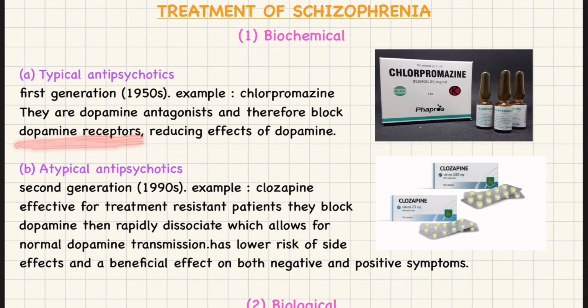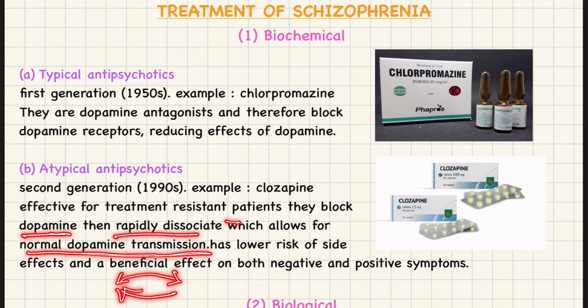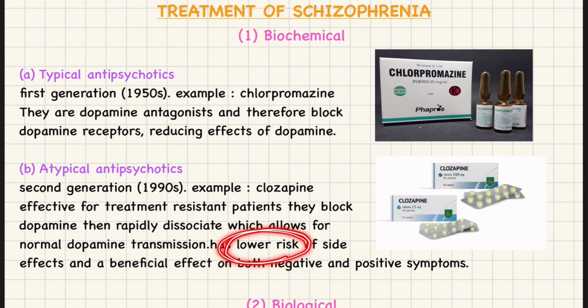Whereas in atypical antipsychotics, they block it and they rapidly dissociate, which allows for normal dopamine transmission. So the normal body function is still being carried out because it just blocks it temporarily so that the symptoms of schizophrenia are reduced. So it's temporarily blocked and then rapidly dissociates so that normal dopamine transmission can be carried out, and thus it is of a lower risk. This is not the case in typical antipsychotics.